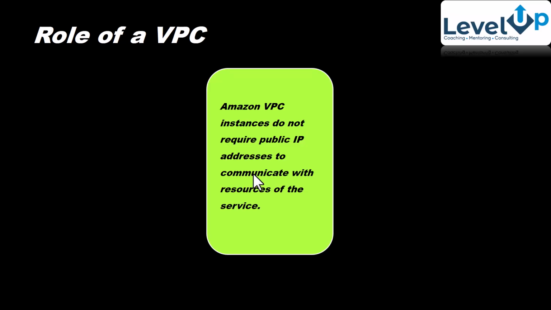We saw in our hands-on exercise that the EC2 instance in a private network didn't have any public IP address. That is one of the use cases of a VPC endpoint. Private IP address is more than enough.